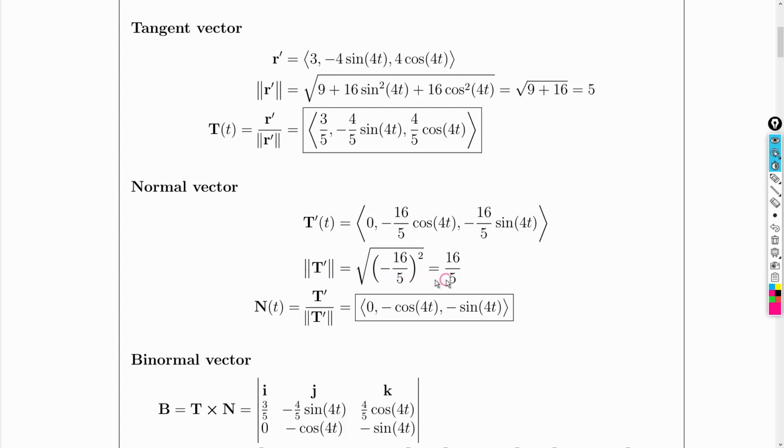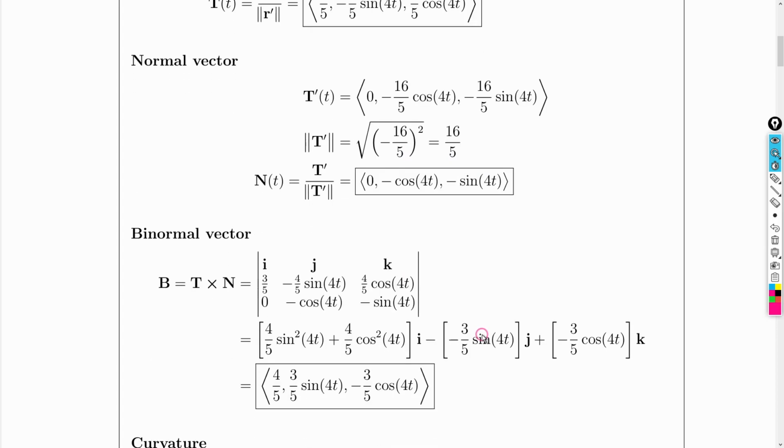And so this is the magnitude of t prime here, and then you would divide in order to compute the normal vector. Dividing is going to get rid of the coefficient in front, except for the negative. And so you end up with this as your unit normal vector.